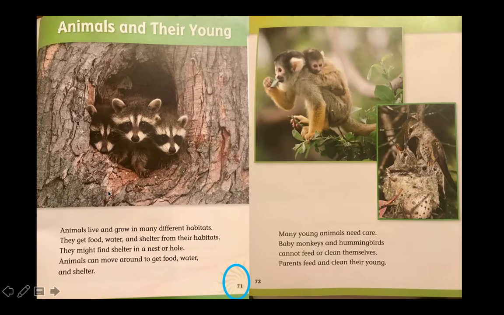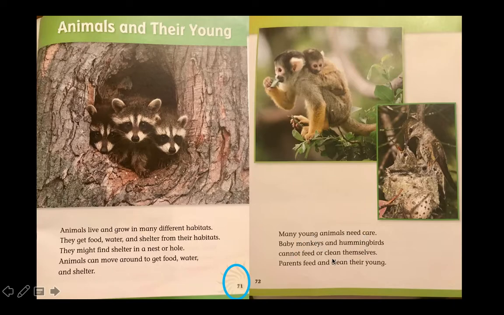All right, so this says animals live and grow in many different habitats. They get food, water, and shelter from their habitats. They might find shelter in a nest or a hole. Animals can move around to get food, water, and shelter. Many young animals need care.